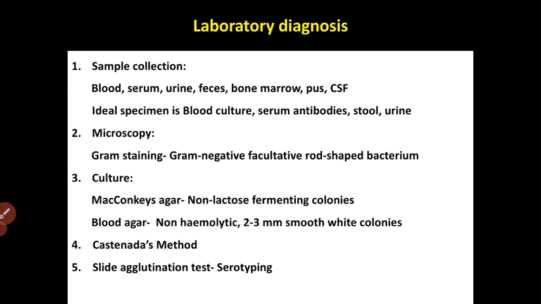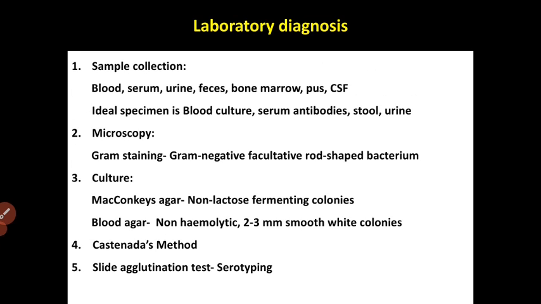Last is the slide agglutination test, serotyping. Okay, a loopful of isolated organism is taken from the colony and then it is emulsified in a drop of saline on a microscopic slide without spreading the drop. The emulsion must be absolutely smooth and of medium opacity.